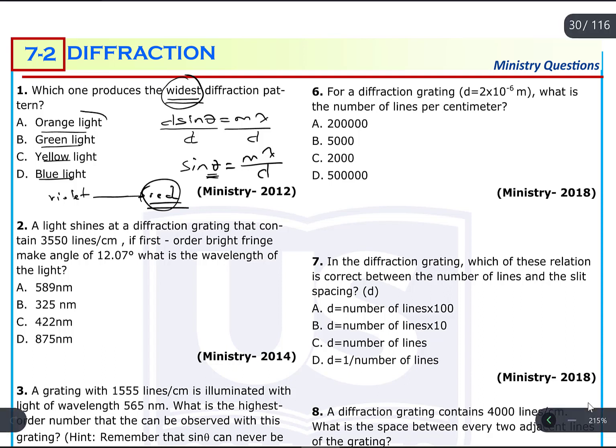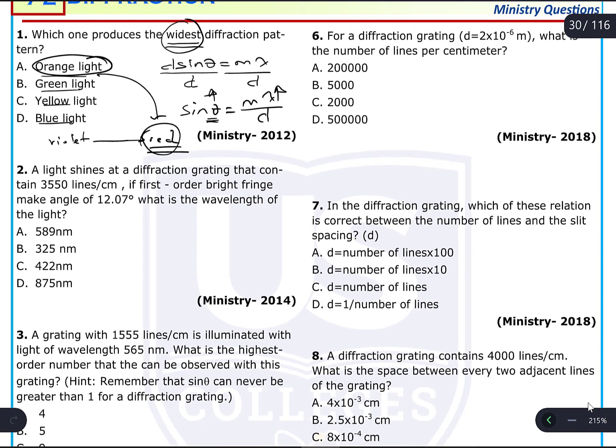Orange light is closest to red. That's why orange light has the longest wavelength. If orange light has the longest wavelength, then sine theta for orange light is going to be the greatest. That's why it's going to produce the widest diffraction pattern.